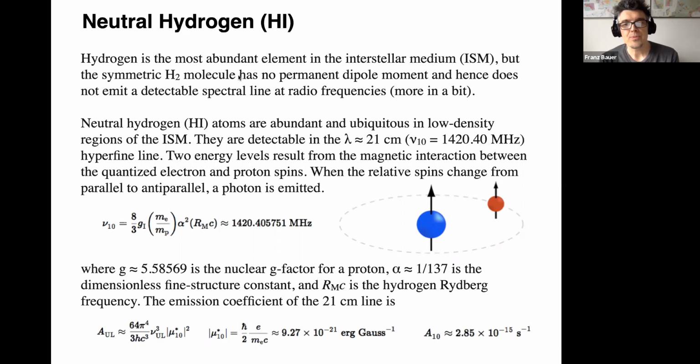The reason this is important is because, obviously, hydrogen is super abundant. And the key problem is that most hydrogen is in molecular form, but it's not easily detectable. This is because it doesn't have a dipole moment, so it doesn't generate any rotational lines, and those are the easiest to detect.